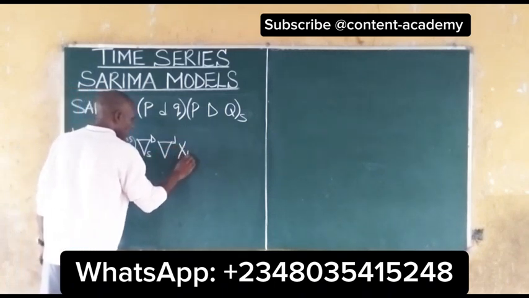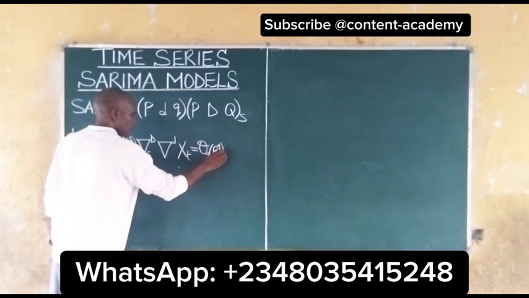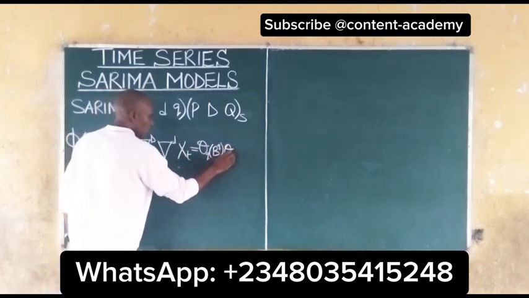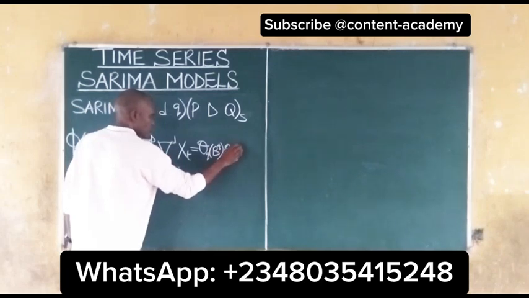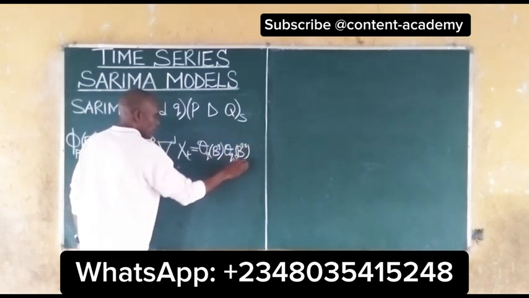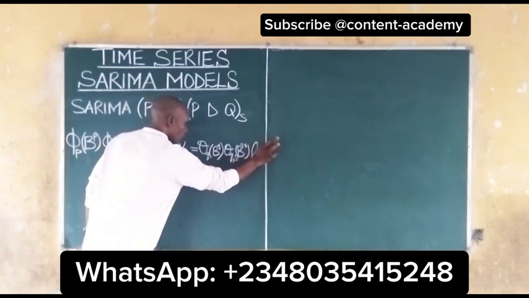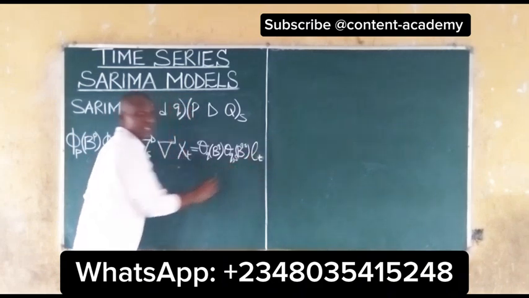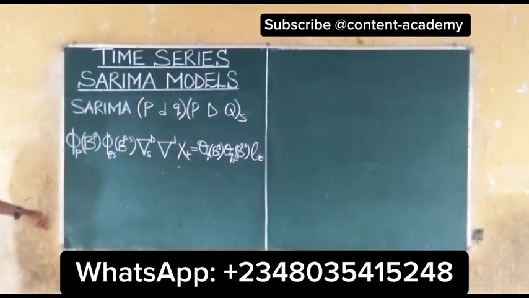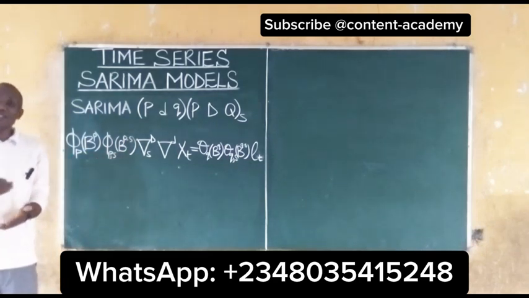Then we have X_t. We also have the moving average part, which is theta q of B, then theta Q,S of B to the power Q multiplied by S, then e_t. So this is simply the SARIMA model. This is how it is written.